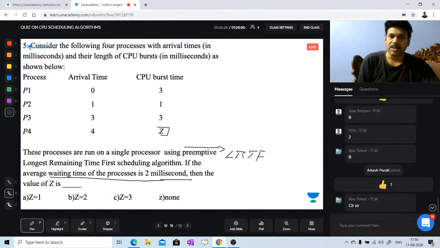We want to find what this Z value is when the average waiting time is 2 milliseconds. So what is the Z value so that the average waiting time of all the processes is going to be 2? Can I say Z is equal to 1? If Z is equal to 1, does it match with this 2? Or if Z is equal to 2, does this match or not? You need to check and test it. This is a troubleshooting question. Use the options and tell me the answer. Test and guess.